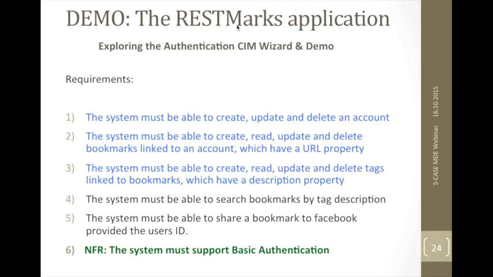So in this second demo, apart from the first two CRUD requirements, we are going to be able to also satisfy this non-functional requirement that says that the system must be able to support basic authentication.